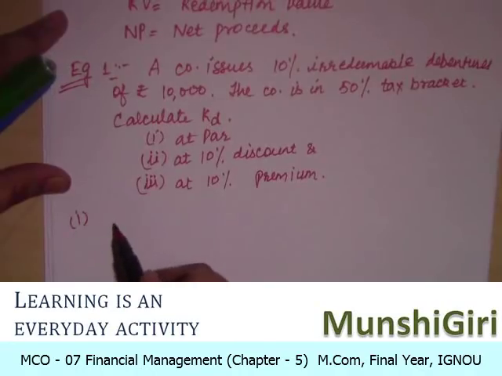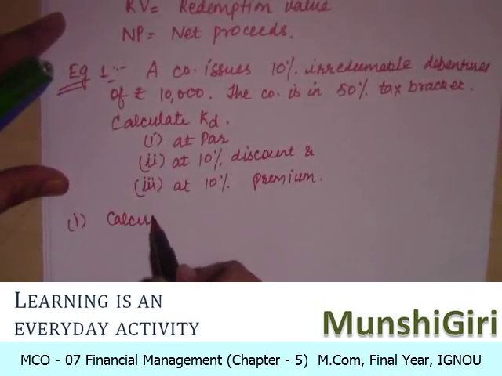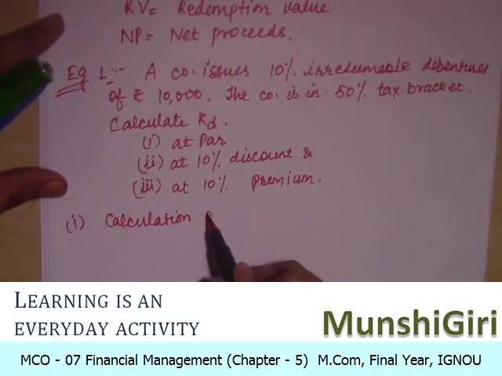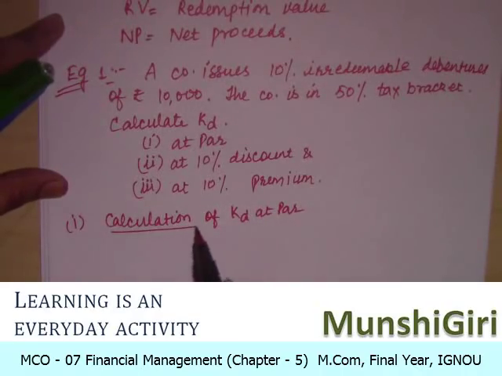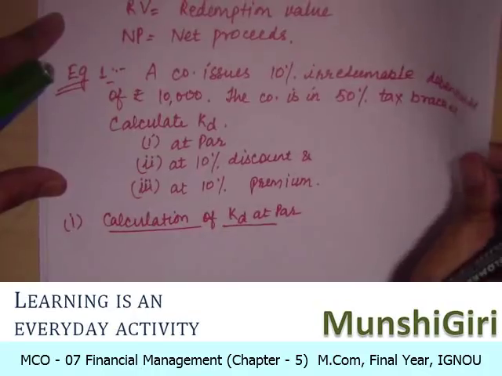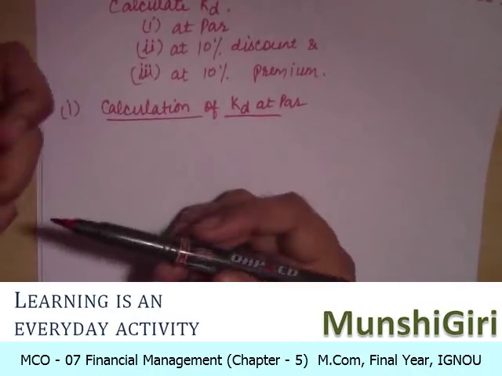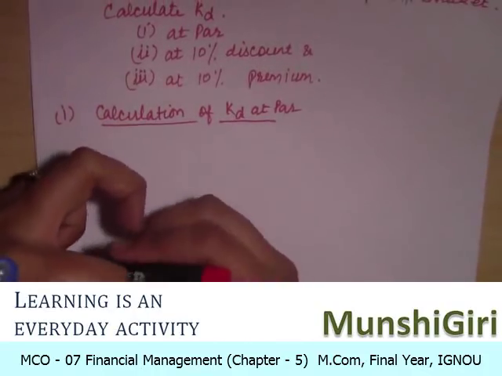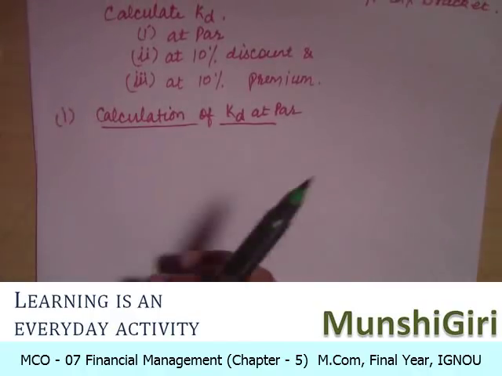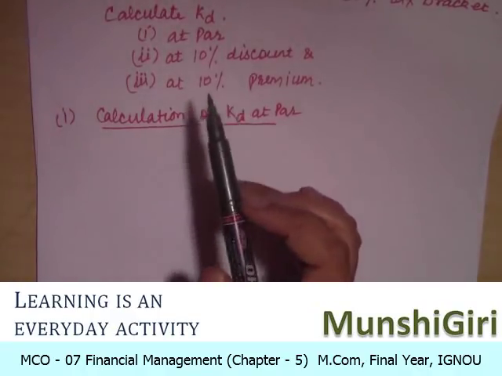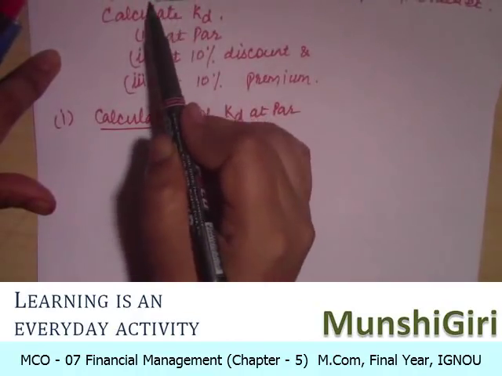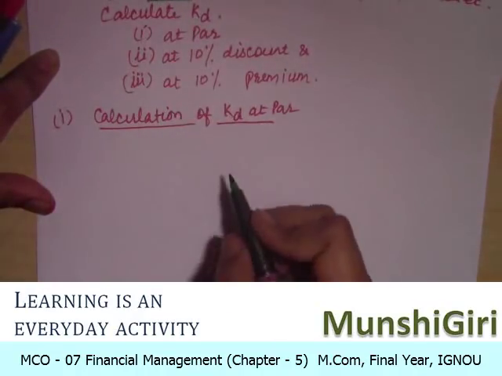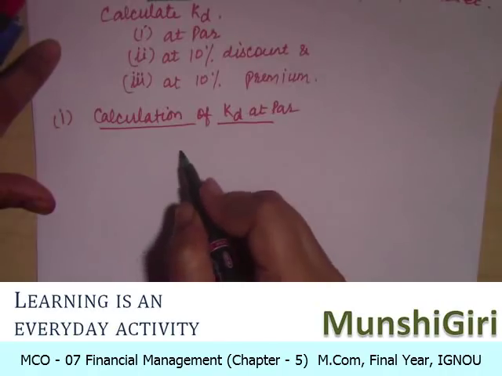So first, in case of calculation of KD at par, interest, how much is the interest? 10% of rupees 10,000, that is 1,000 is the amount of interest.